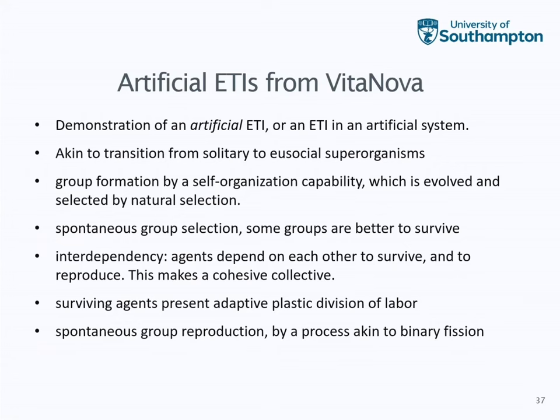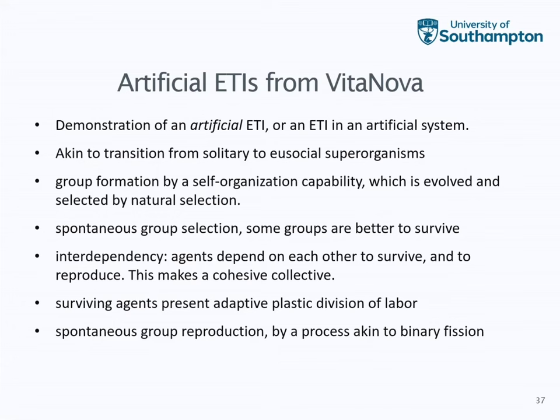The whole process is that we have group formation by a self-organization capacity, which is evolved and selected by natural selection. And we have observed spontaneous group selection. Some groups are better at surviving, and there is interdependency within groups. Agents depend on each other to survive and to reproduce. And this makes a cohesive collective.